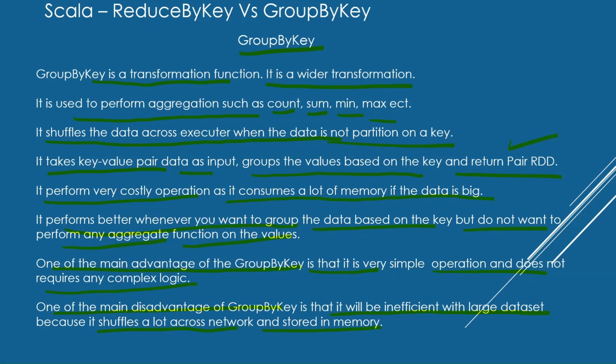That's why, if we need any kind of aggregation function and the data set is huge, it is advisable not to use group by key. Instead, use reduce by key if you want to do any kind of transformation per key.